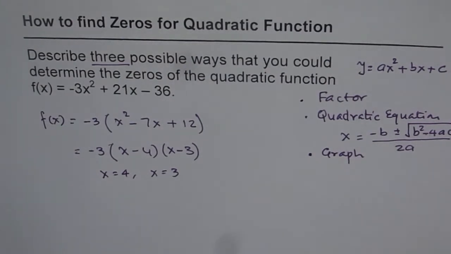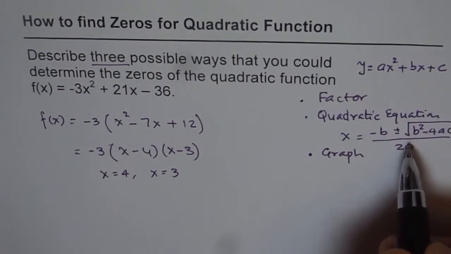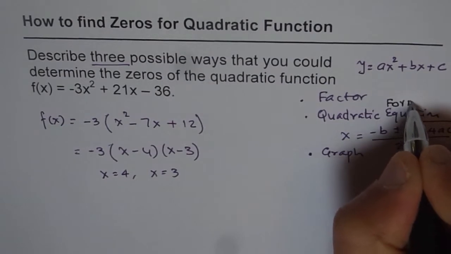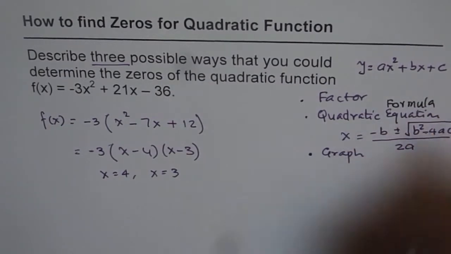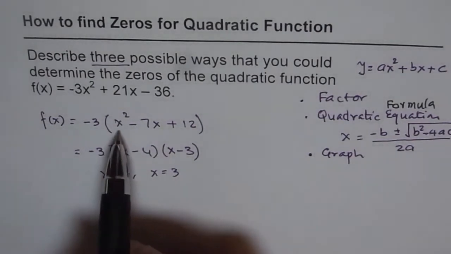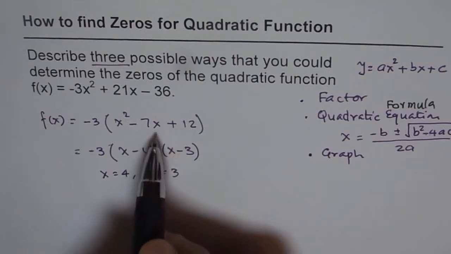The other way of doing it is, as I said, using the quadratic equation itself, or the formula. Let's say we should call it the quadratic formula, as given to you here. When I factor it, this helps me work with smaller numbers. So what we can do is write down the quadratic formula and find the solution.